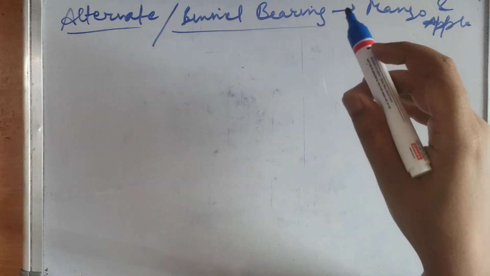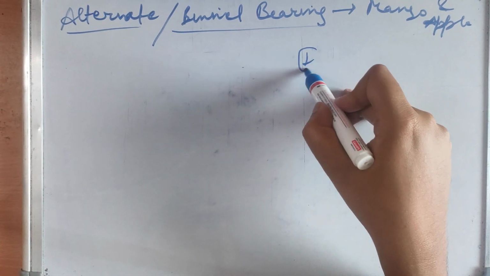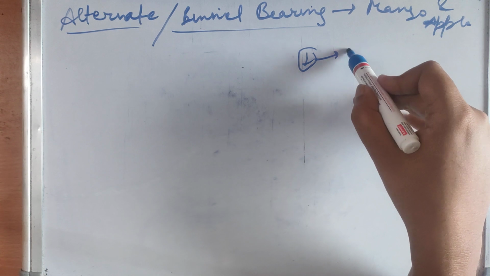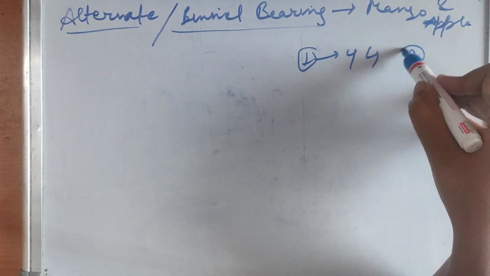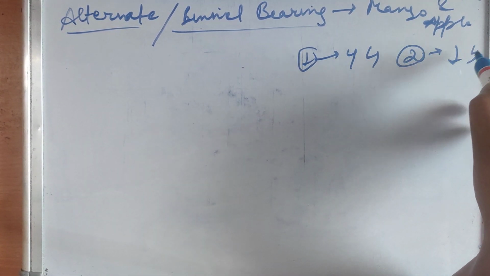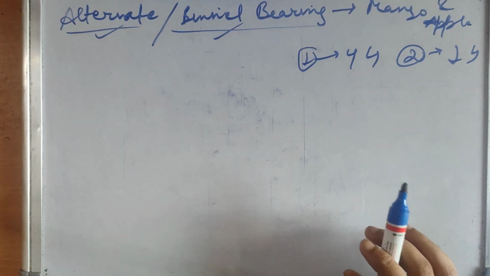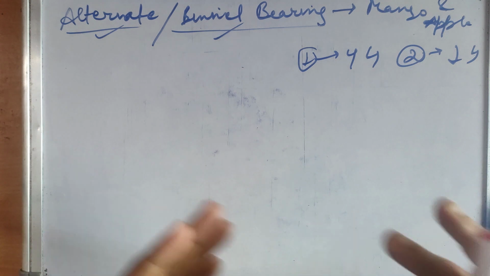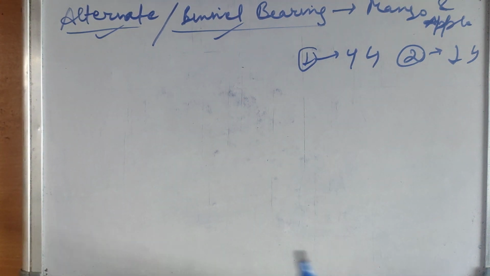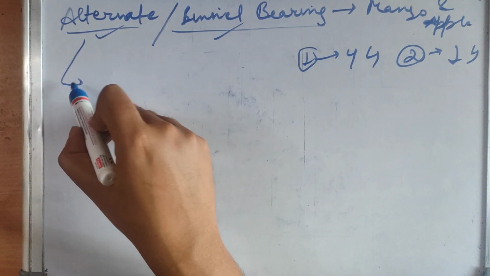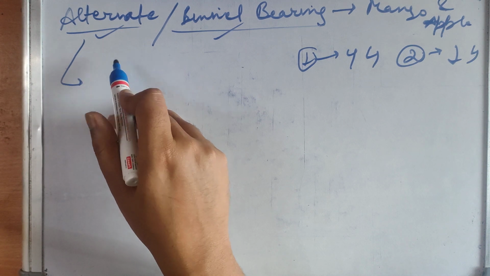Suppose what happens in this is that in one season the yield will be good, but in another season there will be low yield, and this goes on continuously. That is why it is called alternate or biennial bearing. In biennial bearing, in one season good bearing and next season low bearing. So this is alternate, that is, good crop one year and no crop or fewer crops next year.